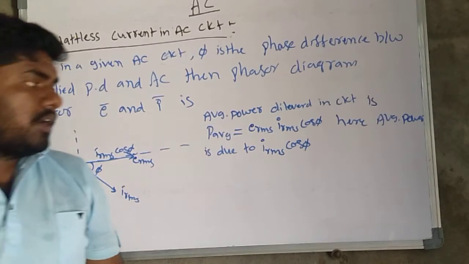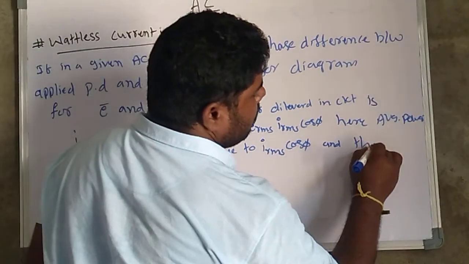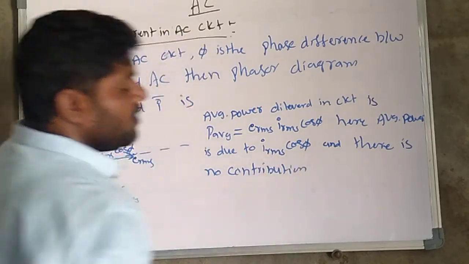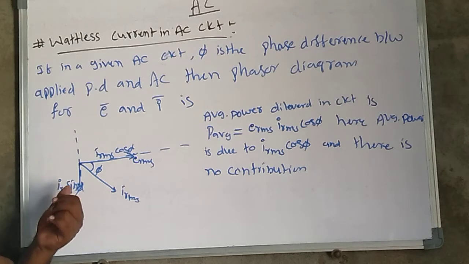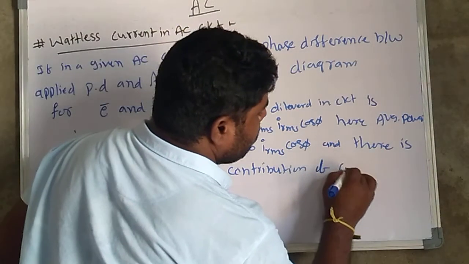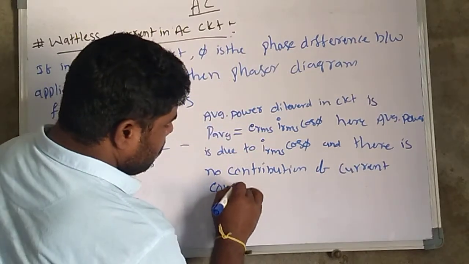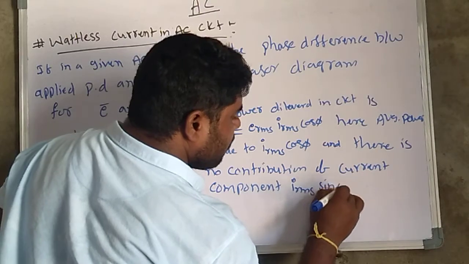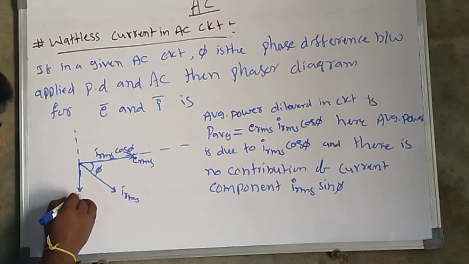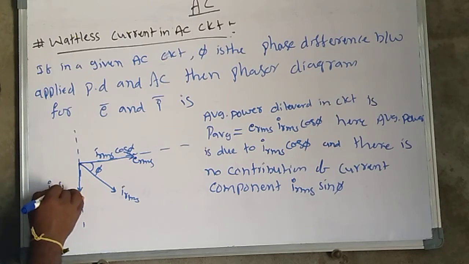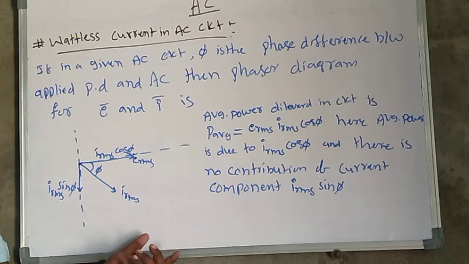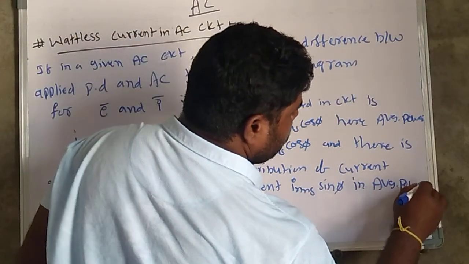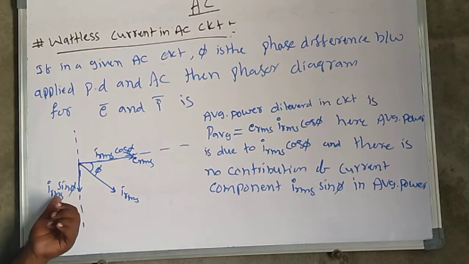and there is no contribution from the other current component, IRMS sin phi, to the average power.